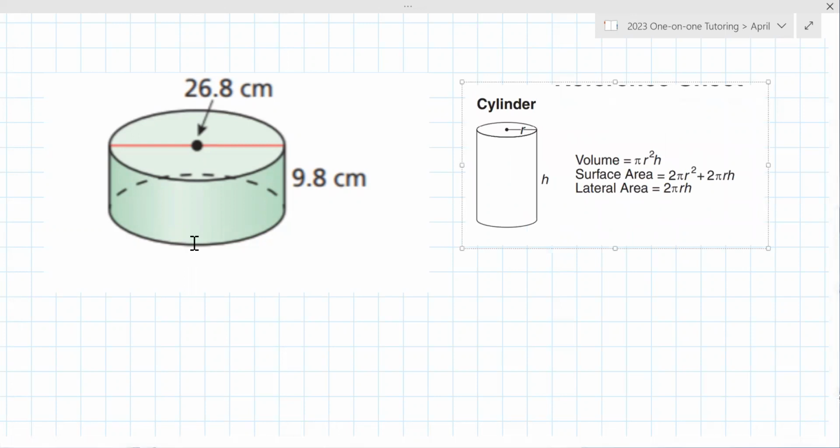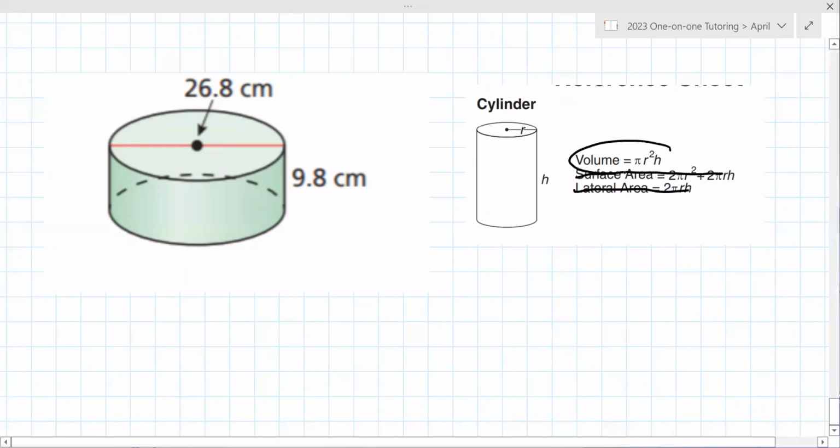What is the formula for the volume of a cylinder? What do you see there? Radius squared times height. Okay, so is your radius given in this problem? I'm trying to remember what's the radius and what's the thing that goes from one side to the other, through the middle.